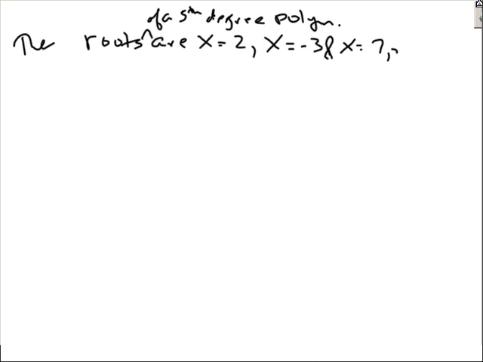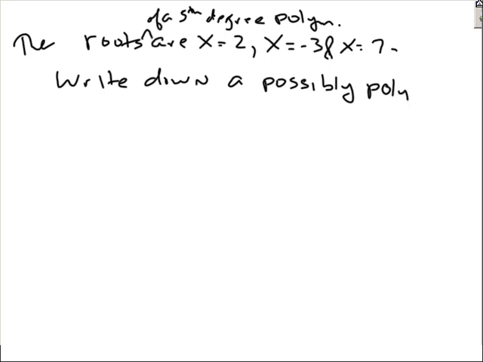The question is, write down a possible polynomial from the information above.